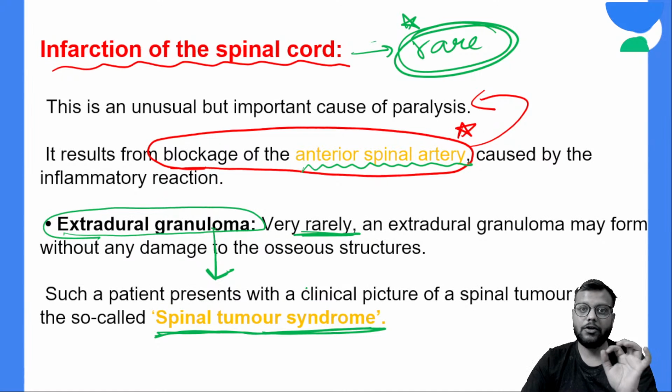So spinal tumor granuloma अगर question में आता है, then you should think about the extradural granuloma. Remember this. Two takeaways from this slide: first, anterior spinal artery, and second, extradural granuloma will present like the spinal tumor syndrome. That's it.